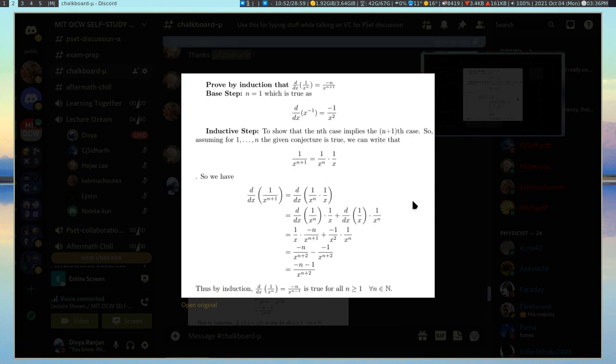Like, where are you stuck? So it was correct? Yeah, I mean, think about it. The formula says d over dx of 1 over x to the n is equal to minus n over x to the n plus 1. Right.